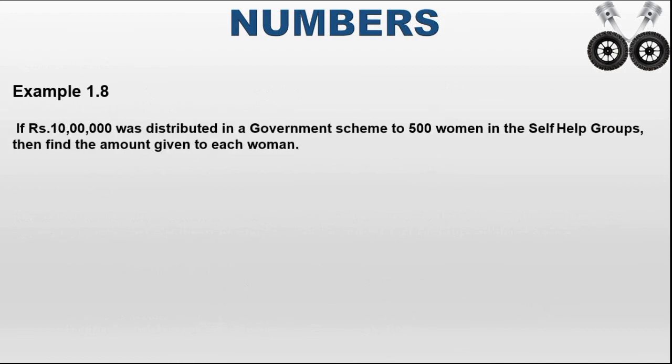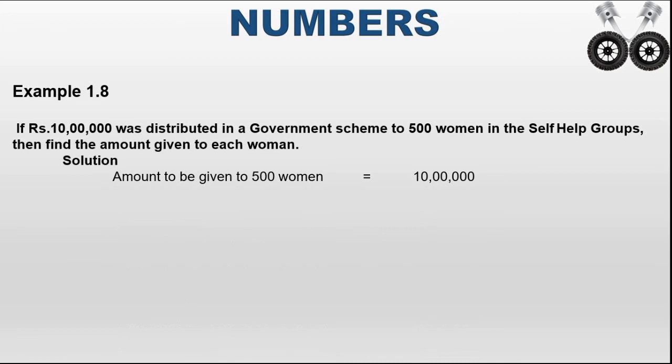So the next one is example 1.8. If rupees 10 lakh was distributed in a government scheme to 500 women in self-help groups, then find the amount given to each woman. What is the question given here? The government is distributing some amount.